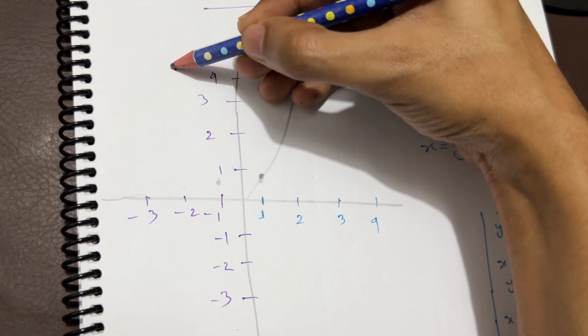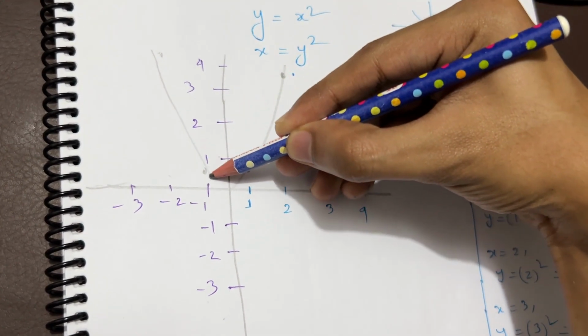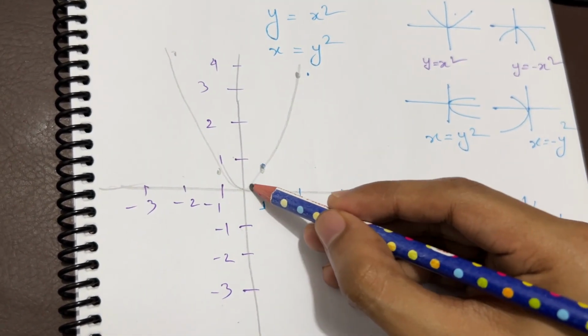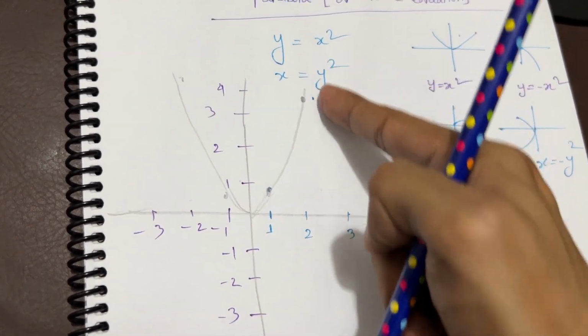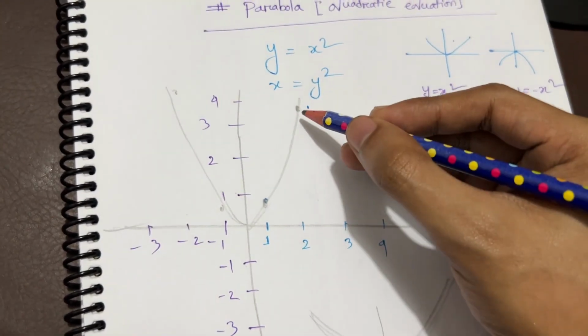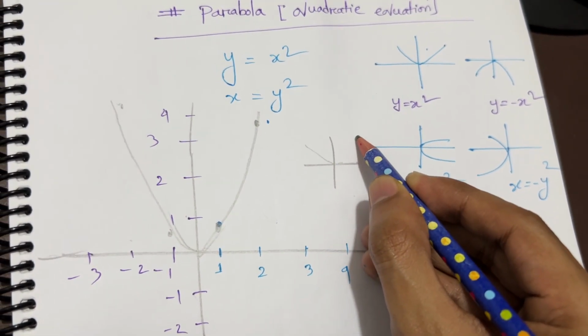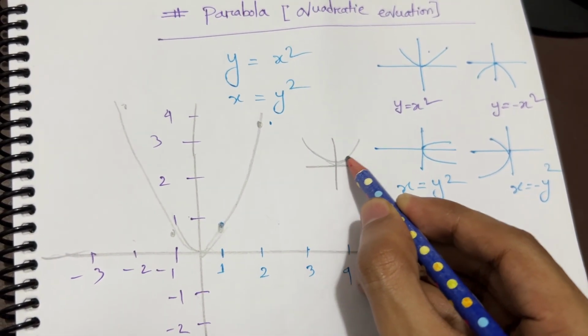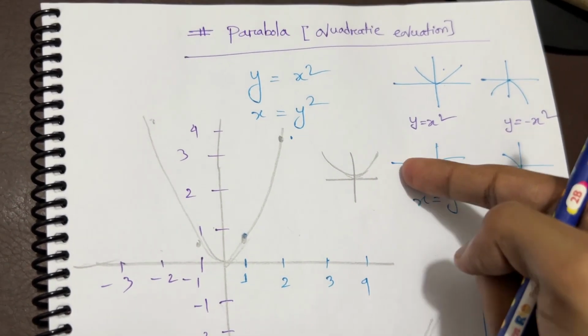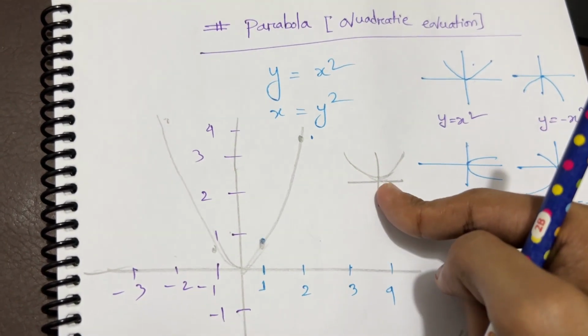So our parabola would be like this. Although this is not the perfect shape, you can imagine it should be like this. Okay, this is the equation of a parabola.